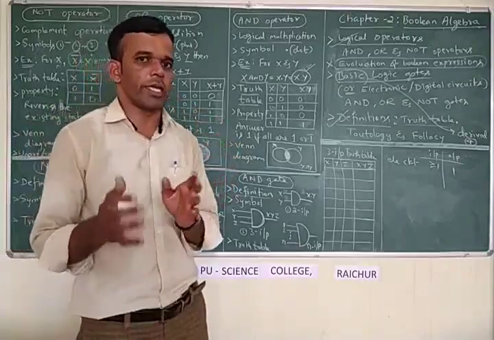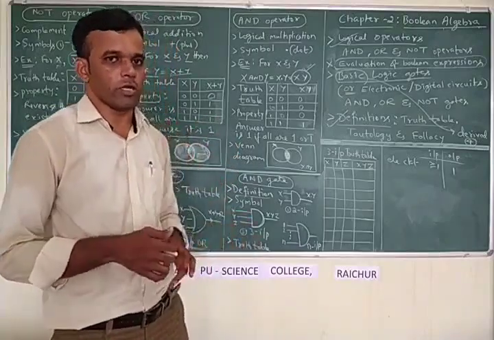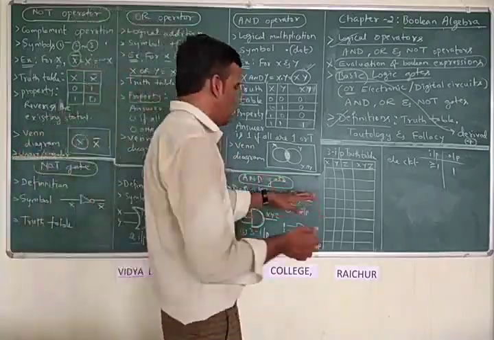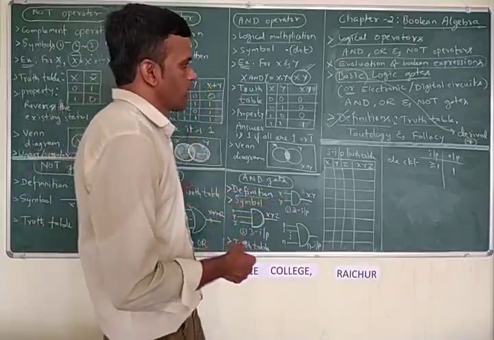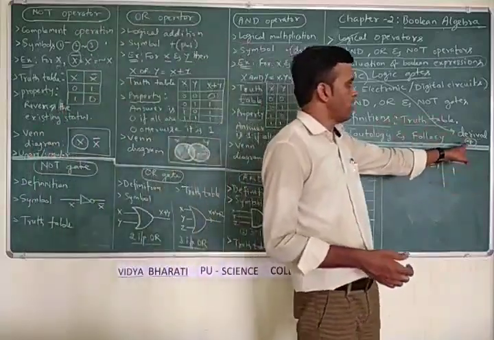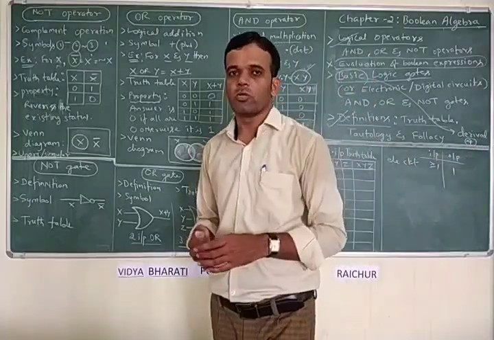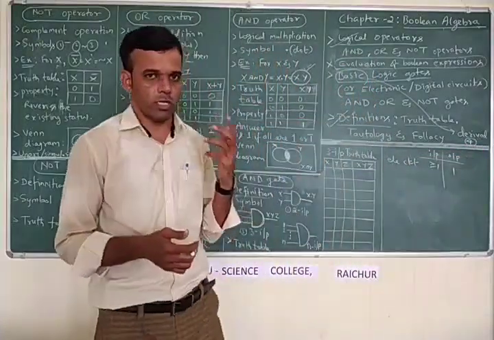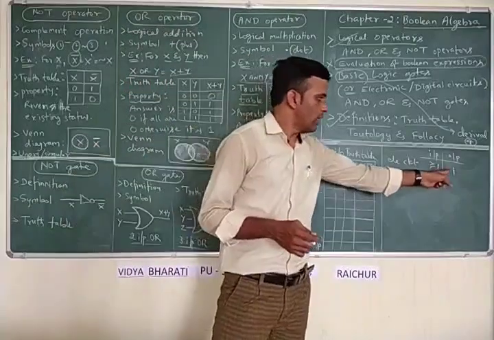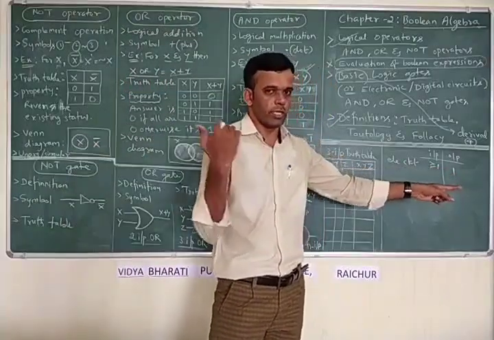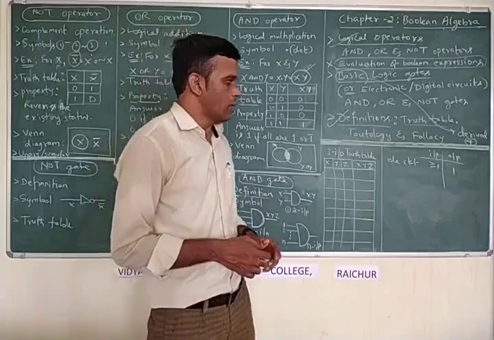So whichever gate or circuit we consider, here we are going to see 3 gates, and in the next chapter we are going to see 4 gates, whichever gate it may be, it is going to have one or more input signals and only one output signal.